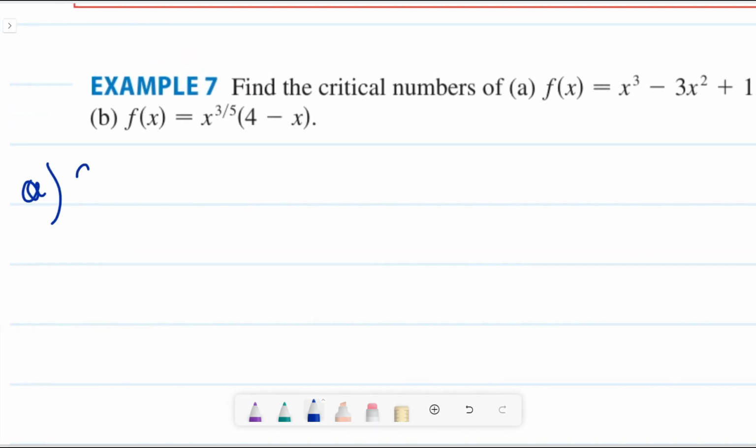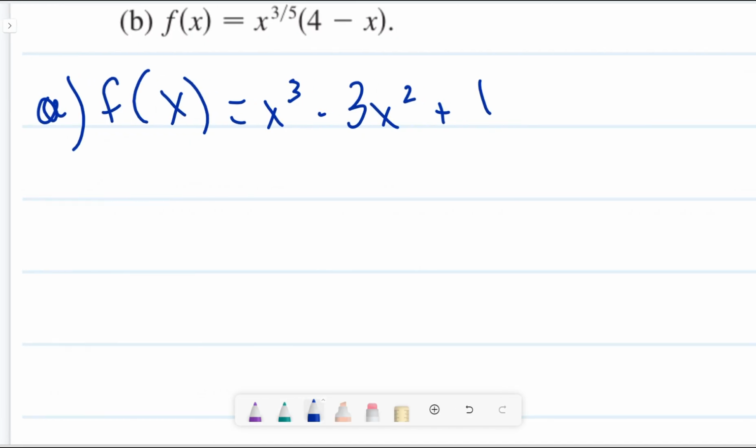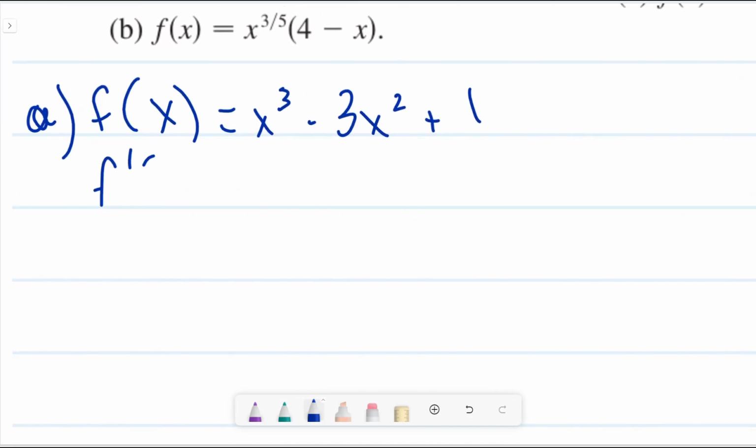So if f of x equals x cubed minus 3x squared plus 1, we would like to find the critical numbers. We will start by finding the first derivative of f of x. So we do the power rule. This gives us 3x squared minus 6x.